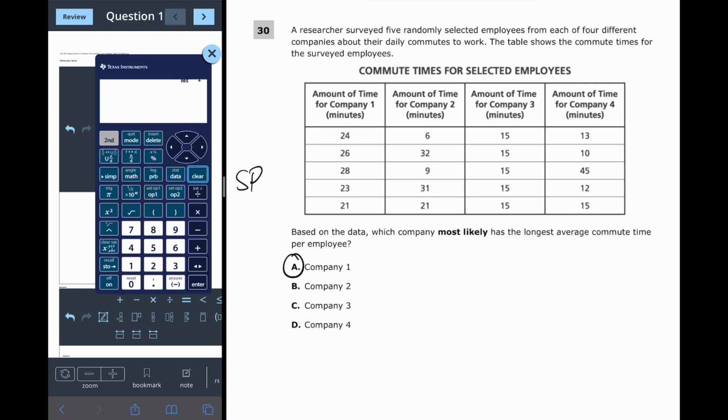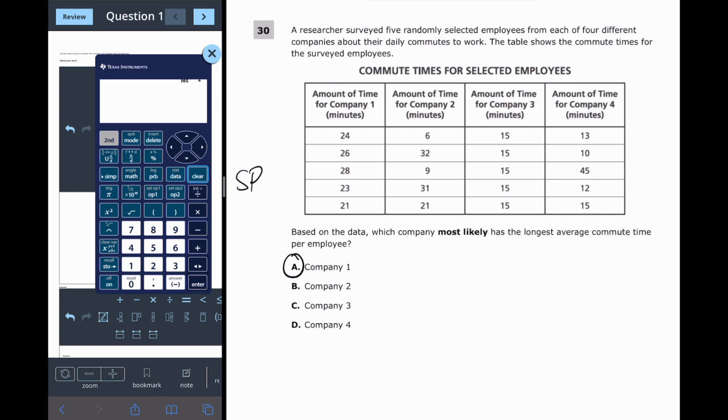Okay, this one, I have a feeling we're going to need to use our calculators because it is a stats problem. Alright, so let's get our stats brains ready. The researchers surveyed 5 randomly selected employees for each of the 4 different companies about their daily commutes to work. The table shows the commute times for the surveyed employees.